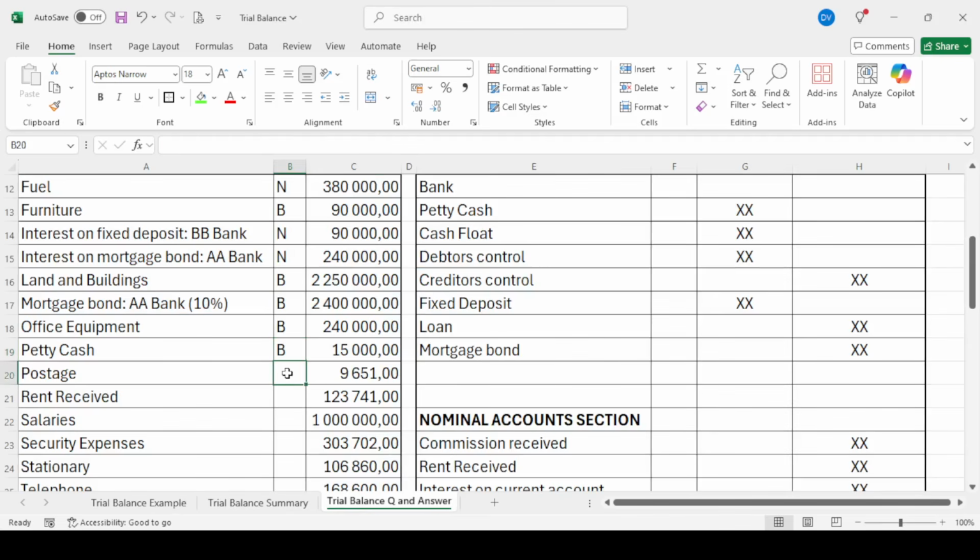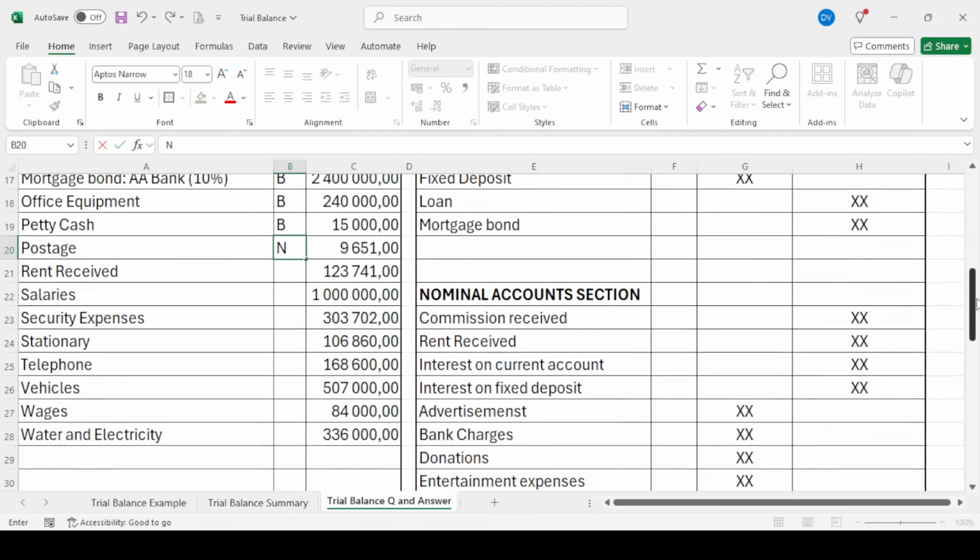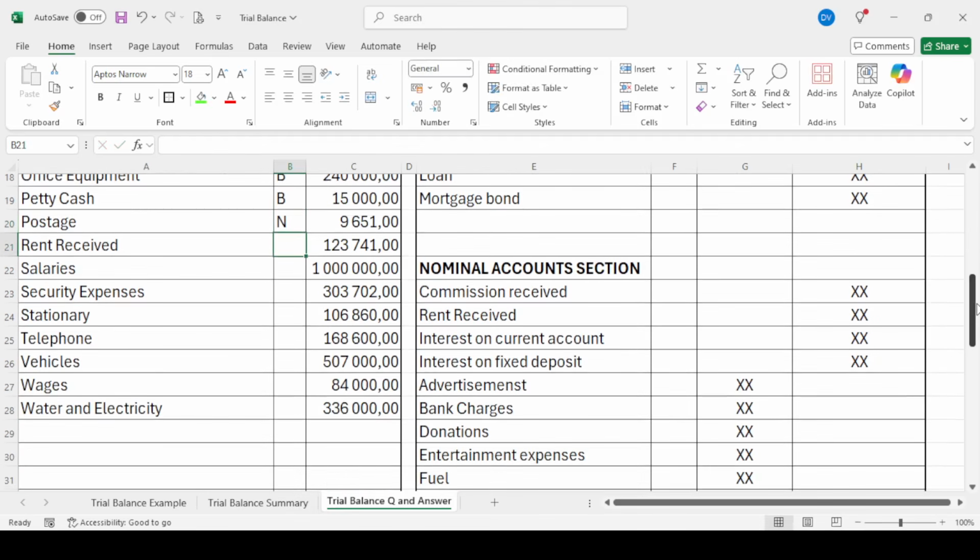Postage is an expense, simply something that you had to pay. So it falls under our expenses, which is a nominal account. Rent received is an income, goes under nominal.